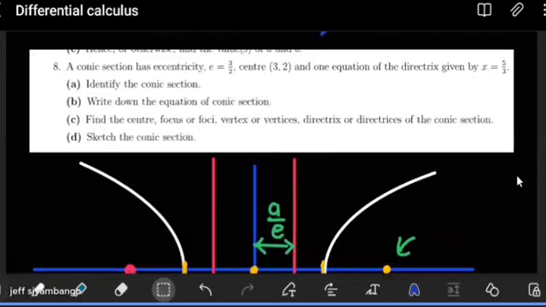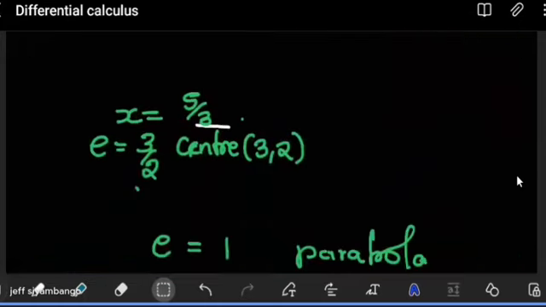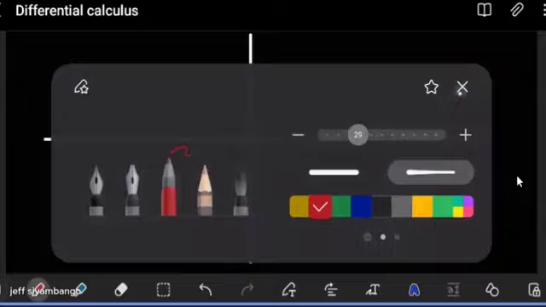The center is at (3, 2). So go with that center first, and that is at (3, 2). So place a 3 here, and place our 2 somewhere here. So this is where the center is.